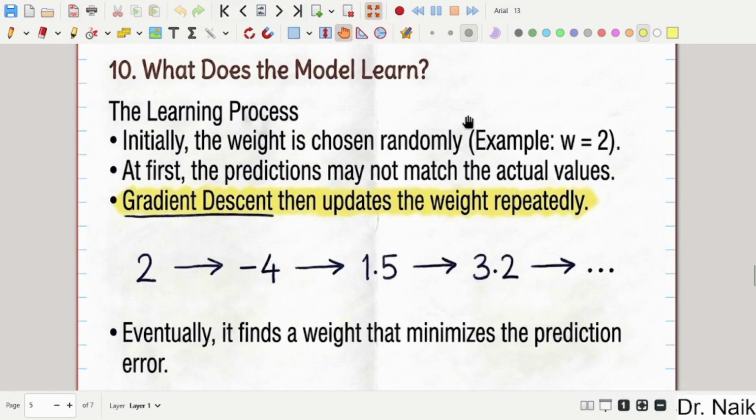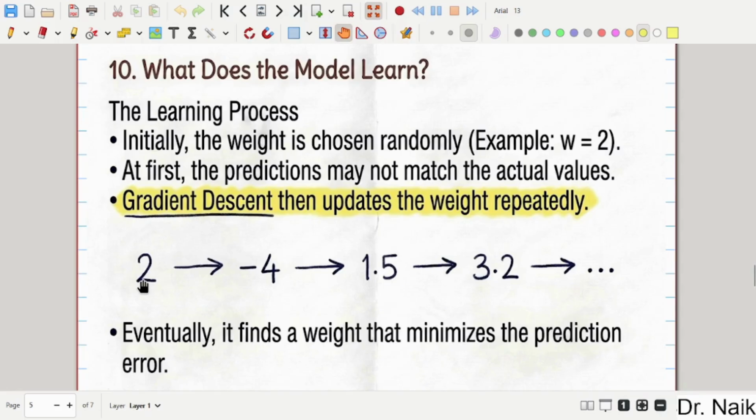What does the model learn? The learning process is, initially the weight is chosen randomly. For example, W is equal to 2. At first, the prediction may not match the actual values. Then gradient descent updates the weight repeatedly.